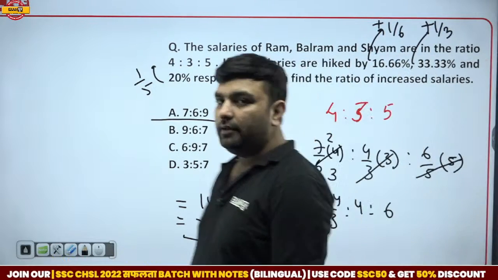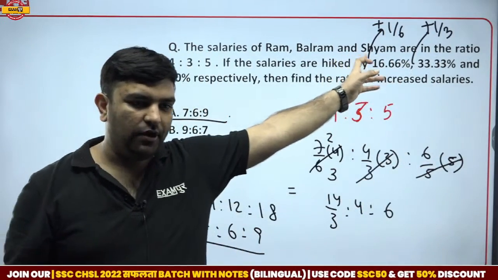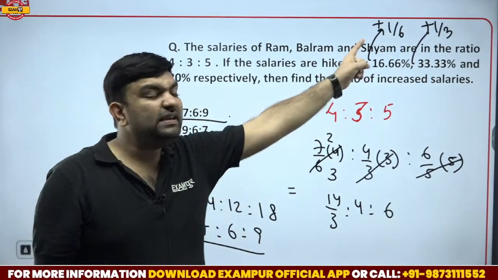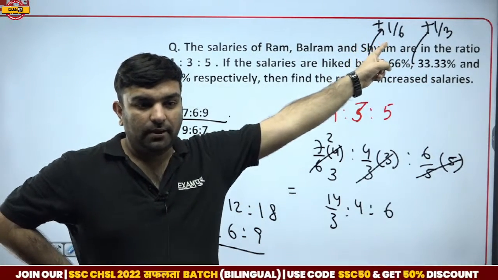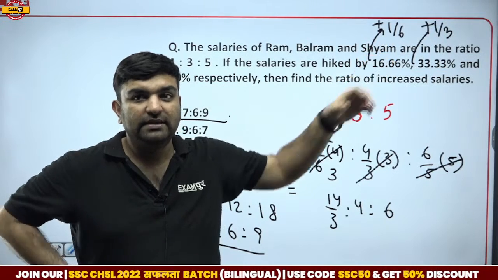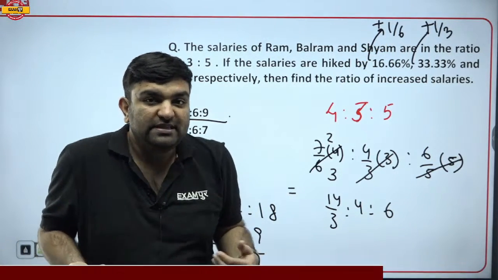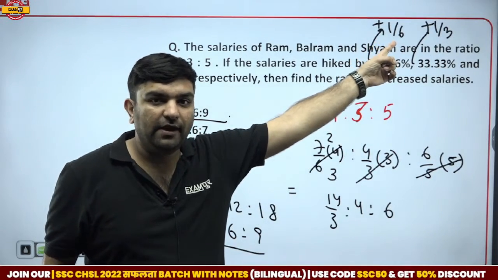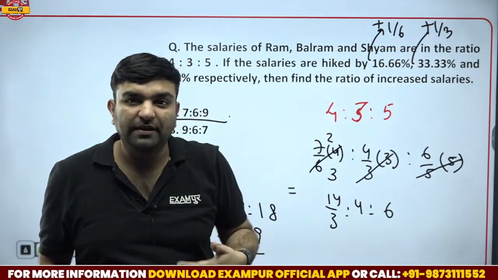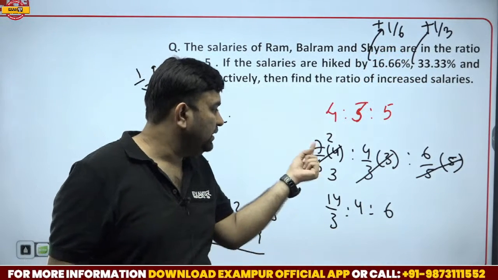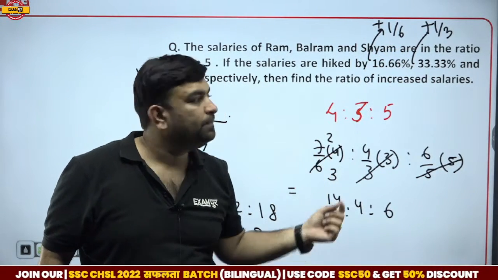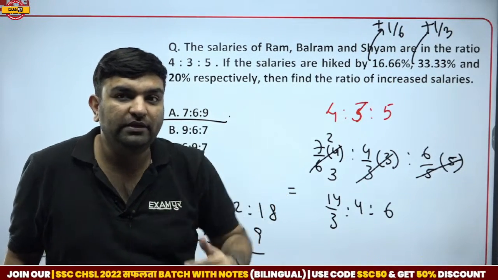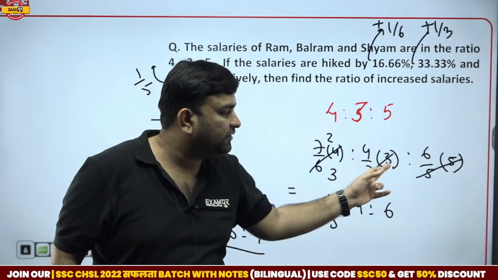If we have grabbed this concept, it was a good one. If something is increasing by 1/6, this means it is becoming 7/6 of its previous value. If something is increasing by 1/3, this means it is becoming 4/3 of the previous value.